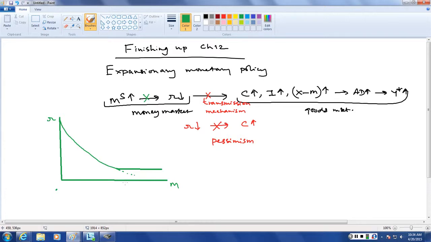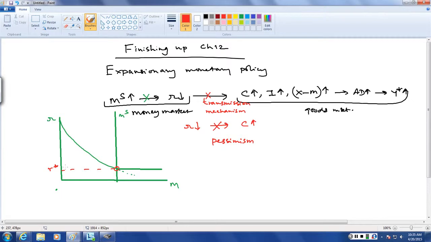Okay? Now, if the money demand curve looked like this, and if, let's say, the money supply curve were like this, then we would have equilibrium where? We would have equilibrium right there. And this would give us an equilibrium rate of interest, R star.